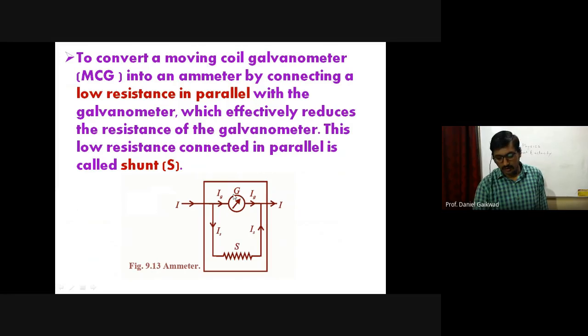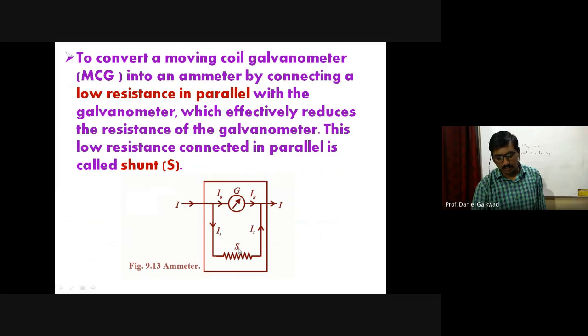If we compare the resistances, this resistance S should be very low. Check the highlighted part. Low resistance in parallel means that, compared to the galvanometer, S should be very small in magnitude. Suppose G is 100 ohm, then S should be 5 or 10 ohm, like this.